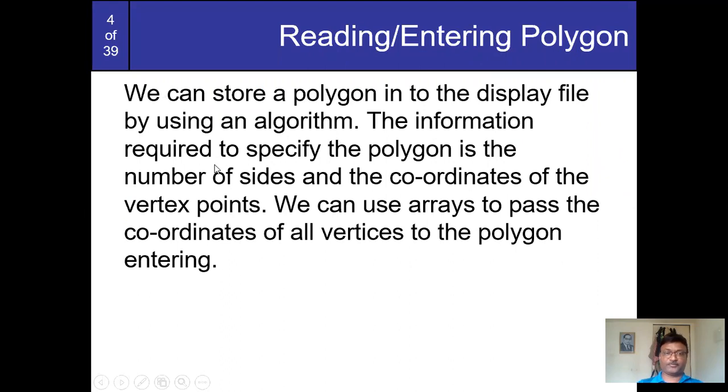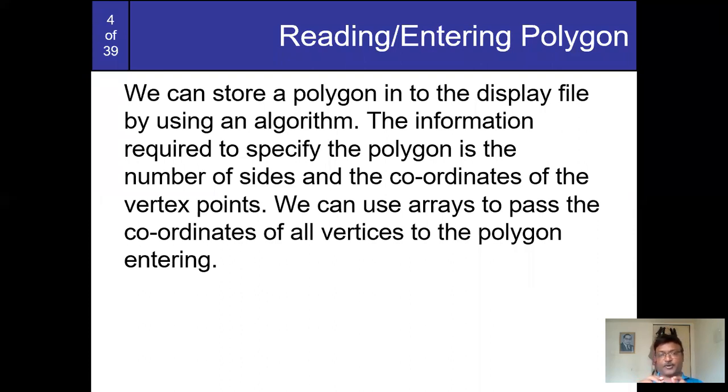The information required to specify the polygon is the number of sides. Suppose you need to draw the polygon, you have to ask the user to first enter how many sides they want, or the number of vertices. Another is the number of vertices. And then you have to read the coordinates and store them as points, I mean the pixel coordinates.